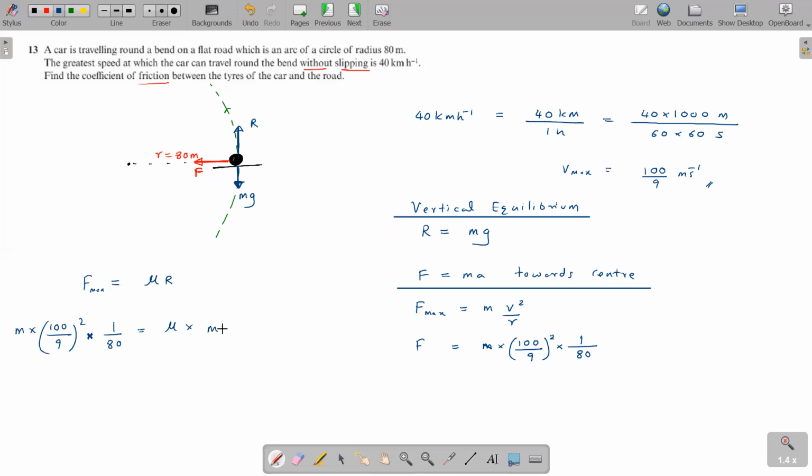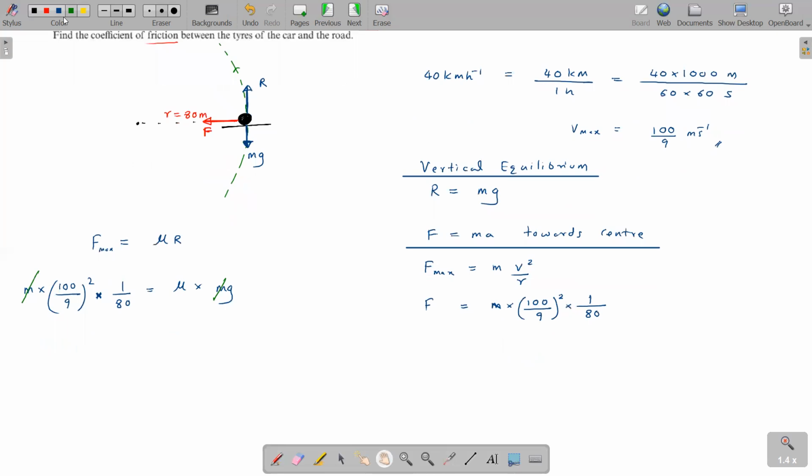Normal reaction is mg. Can you see? Normal reaction is mg. So you can cancel out the m, and we can get the mu value. So mu is equal to (100 over 9) whole thing squared into 1 over 80, and the g also comes down, 1 over g.